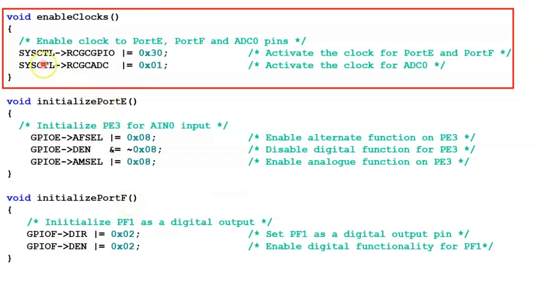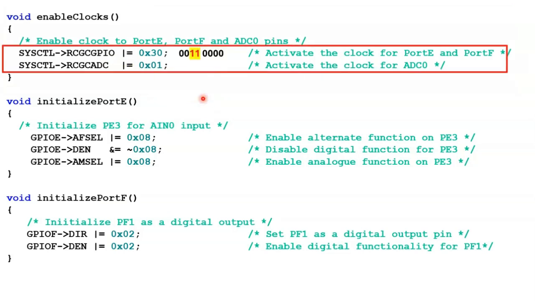Okay, so this is the enable clocks function, and it is responsible for enabling the system clocks for the peripherals used in the program. Let's take a look at this first C statement. This represents the run mode clock gating control register for the GPIO modules.